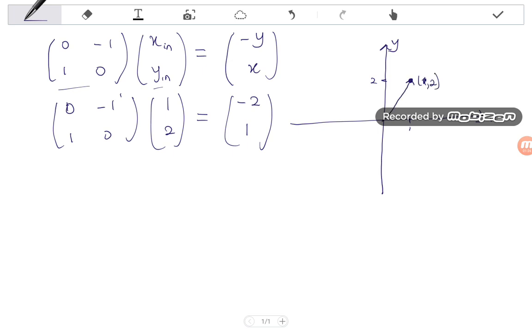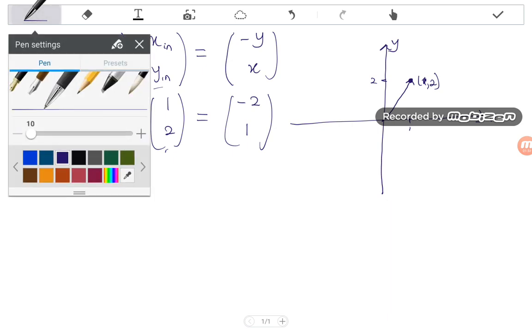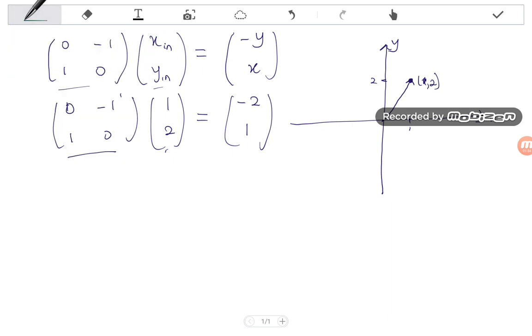Now after acting the matrix on the vector, we had -2 and then 1. Okay, so this is going to be our new vector.